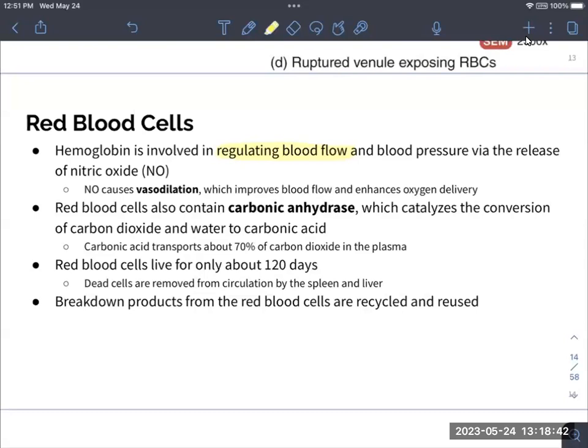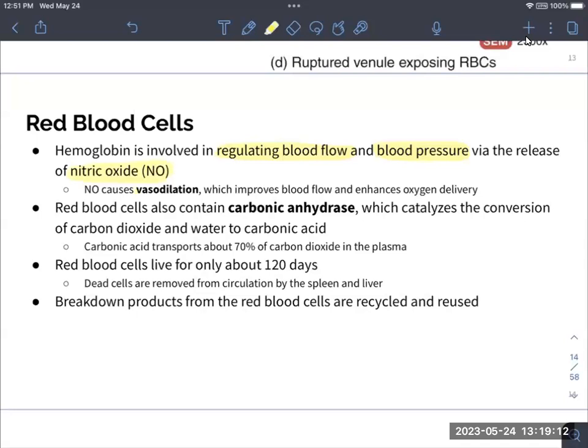It's going to maintain blood pressure. We need our blood pressure at a certain rate to help push that blood through the system. And it does that through the nitric oxide. We talked about nitric oxide in Anatomy 1 when we were talking about the nervous system. Here's another place in our body that uses nitric oxide.